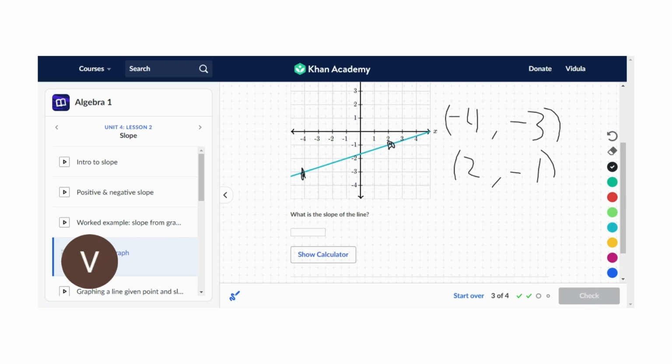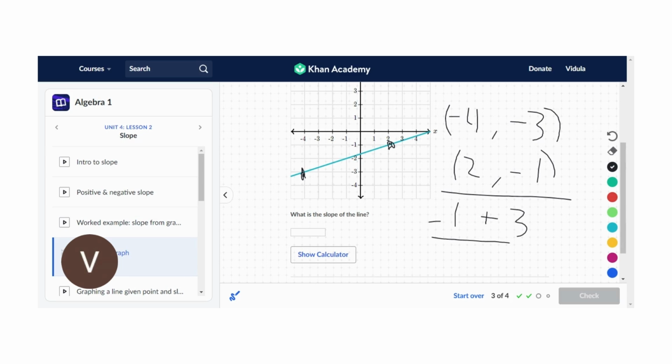So the y in this coordinate is a -1. So -1 minus, and then now it has to be the y from the first coordinate pair, which is going to be a -3. So we can simplify this equation and get plus.